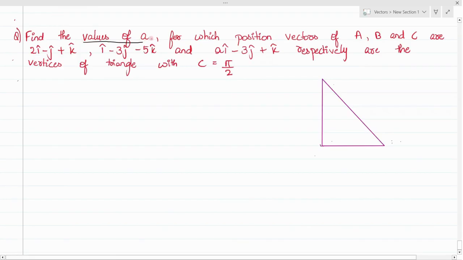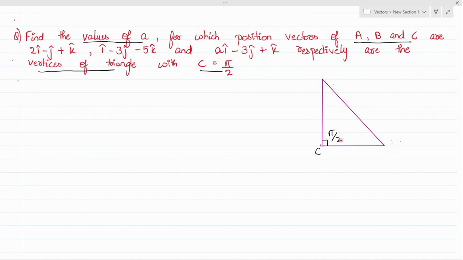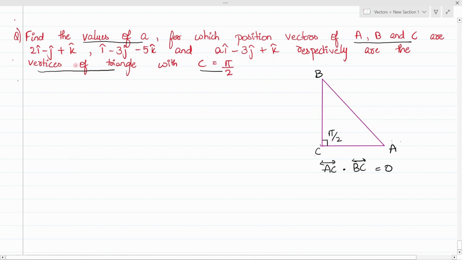Find the values of a for which position vectors of A, B, C are given, and they are the vertices of a triangle, and the angle C is given, that is pi by 2. So this is a triangle with angle at C as pi by 2, and this is vertex A and this is vertex B. So from here we can tell that AC vector dot BC vector is 0, because the two vectors are perpendicular to each other.